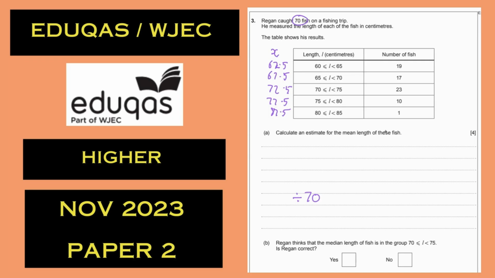So, for example, these 19 fish, we're guessing that all 19 fish are 62.5. That's why it's called an estimate. Estimate doesn't mean pull a number out of thin air. It just means find the least worst possible answer kind of situation.